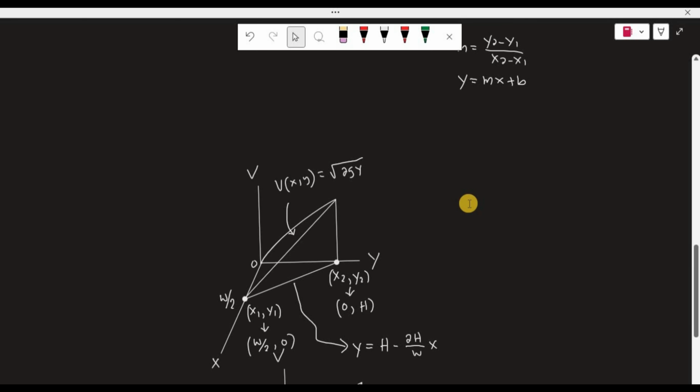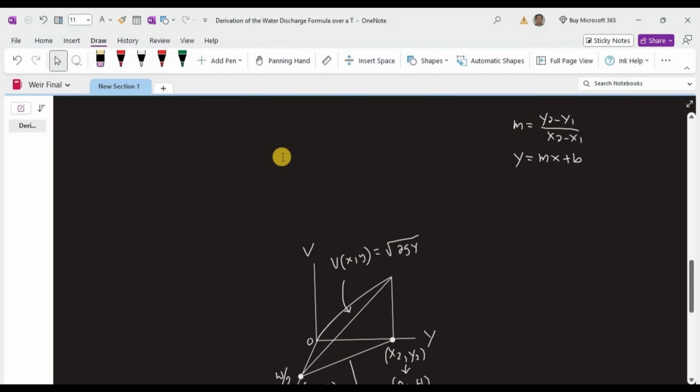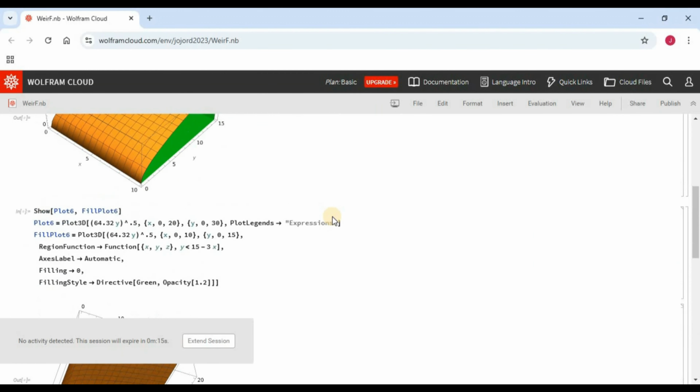The approach is also effective in helping visualize the link between the 2D cross-sectional area and the resulting flow rate by mapping it into a 3D space, which is a useful way to grasp the discharge concept intuitively. Now let's view this 3D graph clearly using Mathematica.